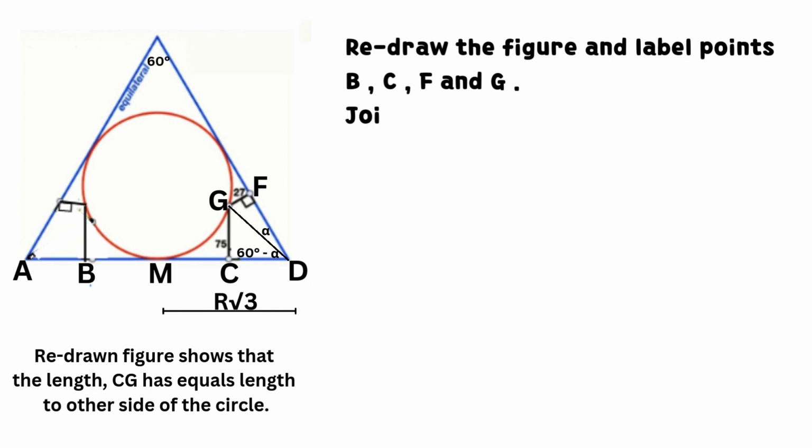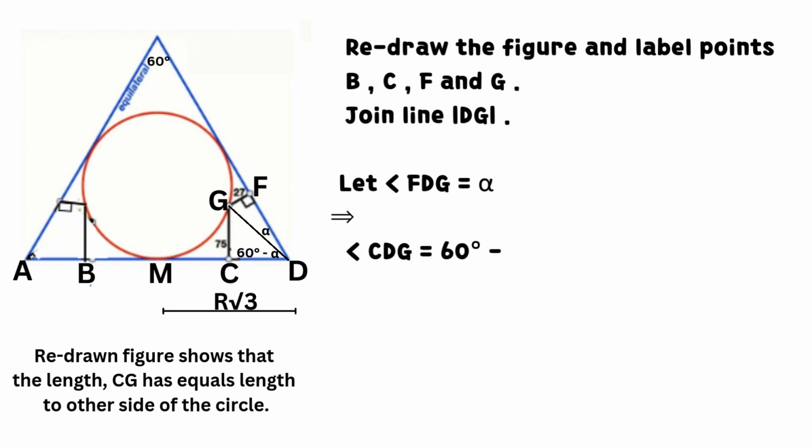Redraw the figure and label points B, C, F and G. Join line DG. Let angle FDG equal alpha. This implies that angle CDG equals 60 degrees minus alpha.